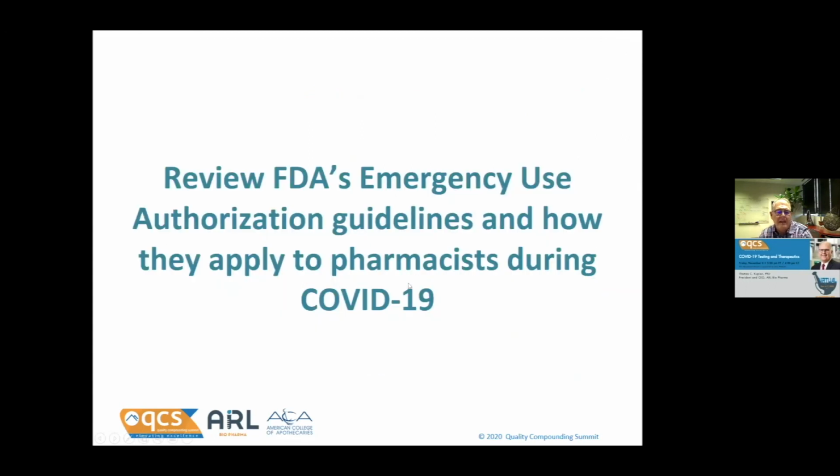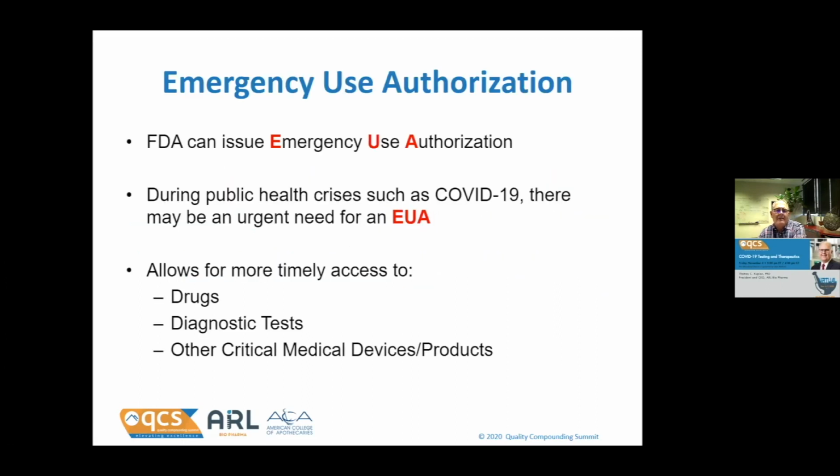Okay, let's look at the FDA emergency use authorization guidelines and how they apply to the pharmacist. Again, it stands for emergency use authorization. During a public health crisis such as COVID-19, there may be an urgent need for this.